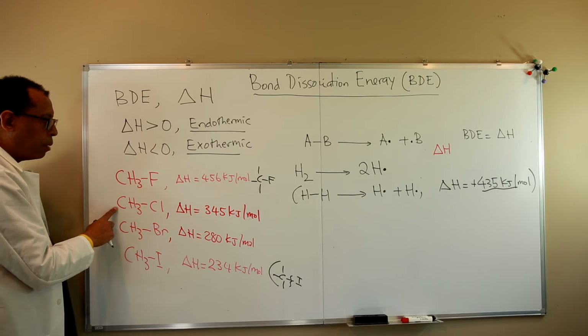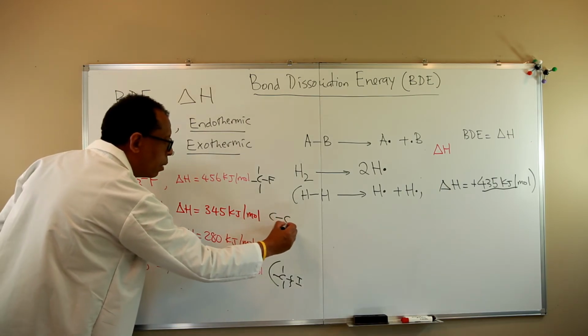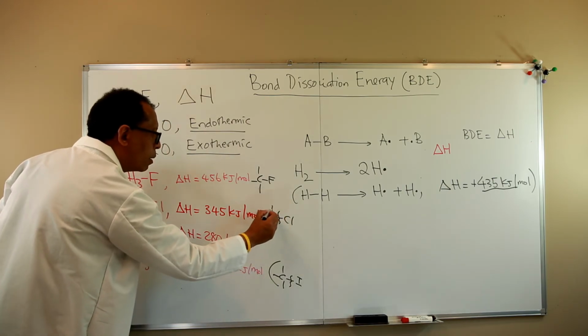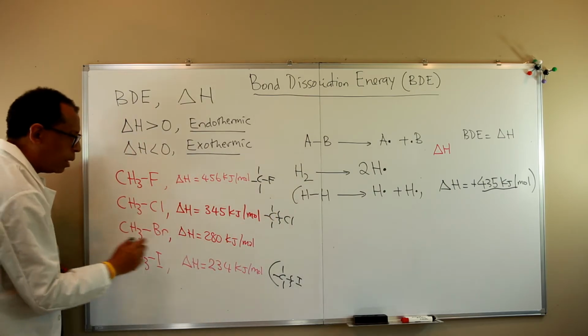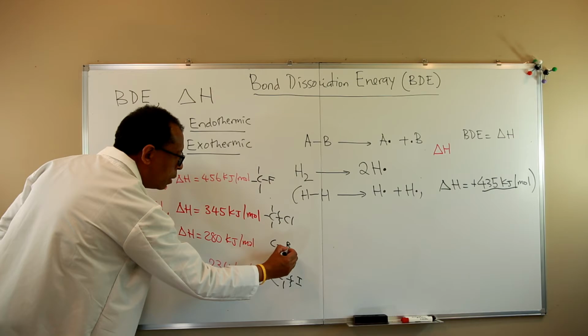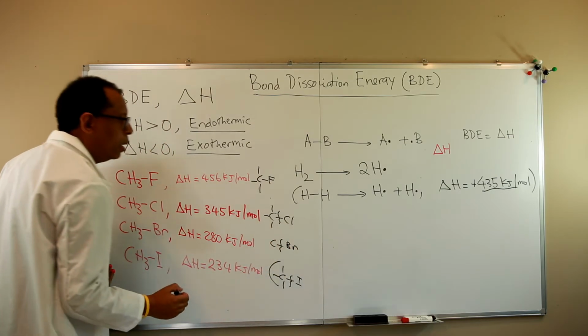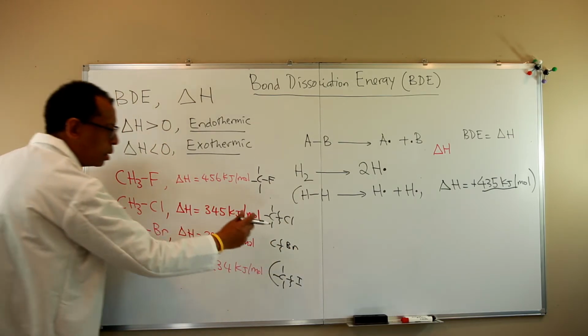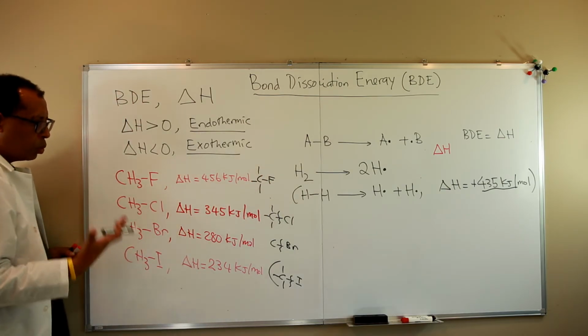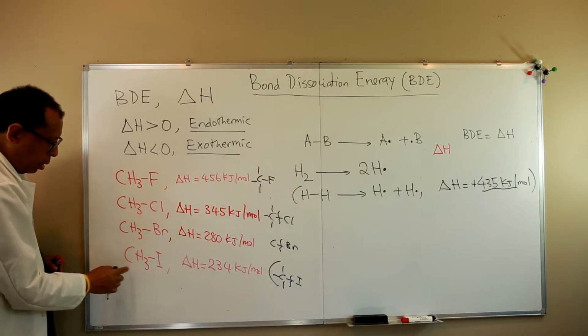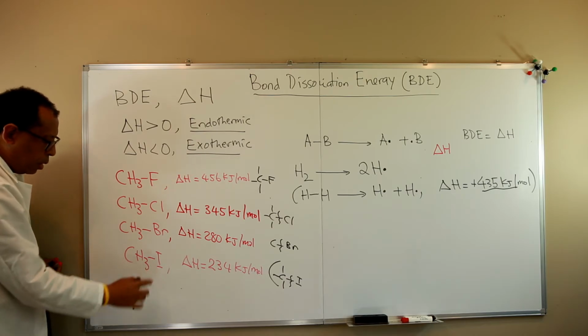Next would be the carbon-chlorine bond. Carbon-chlorine bond, that's what is homolyzed. Here the carbon-bromine bond is what's being broken. So it's generating a carbon radical and a halogen radical. Which one is the easiest? The carbon-iodine bond.